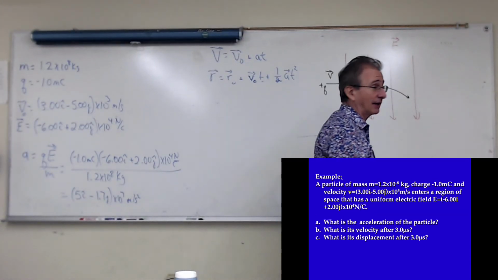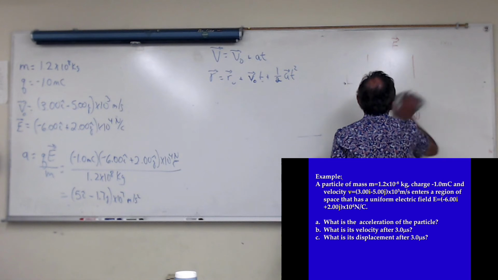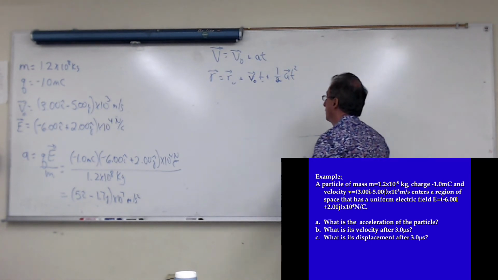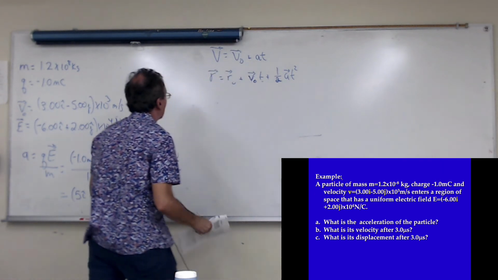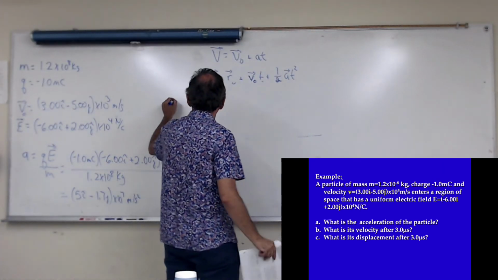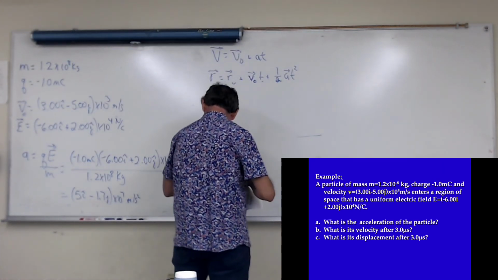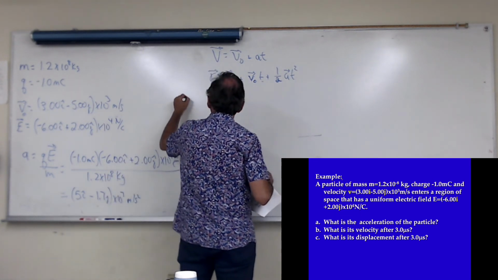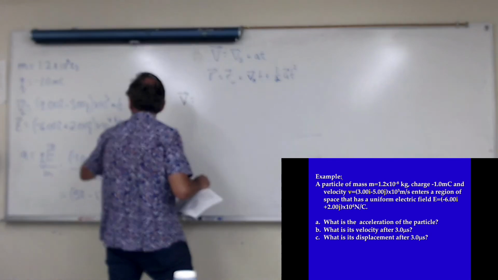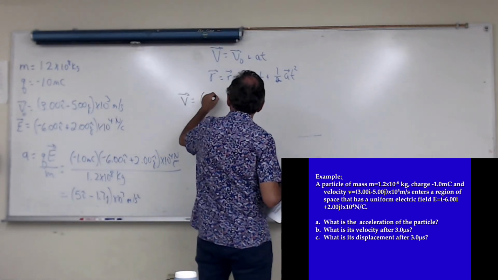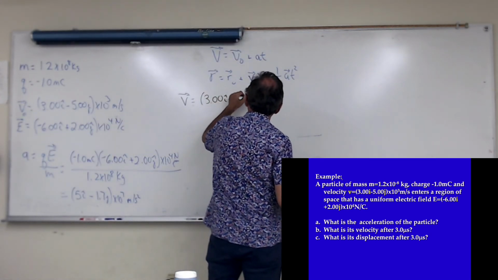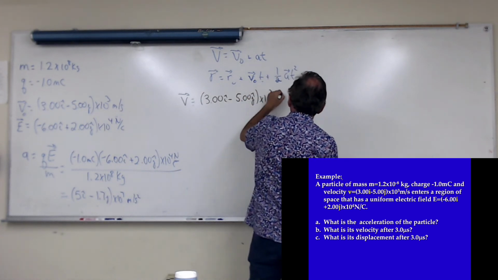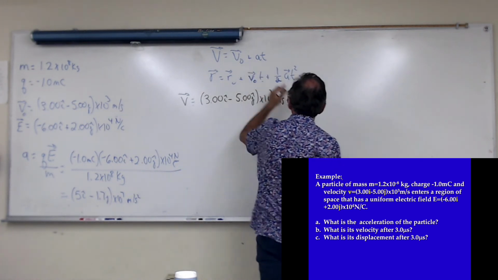What is the velocity after 3 microseconds? I just use this equation. I know my A. I'm just going to plug numbers in. So let me use a different color. V is going to be V naught plus AT.